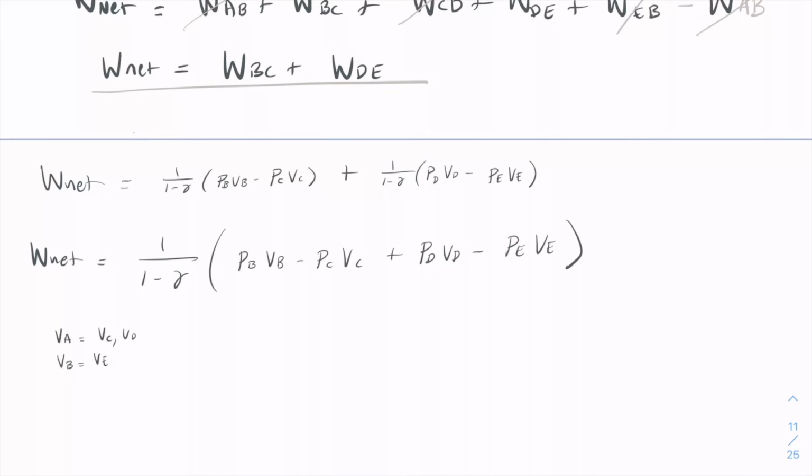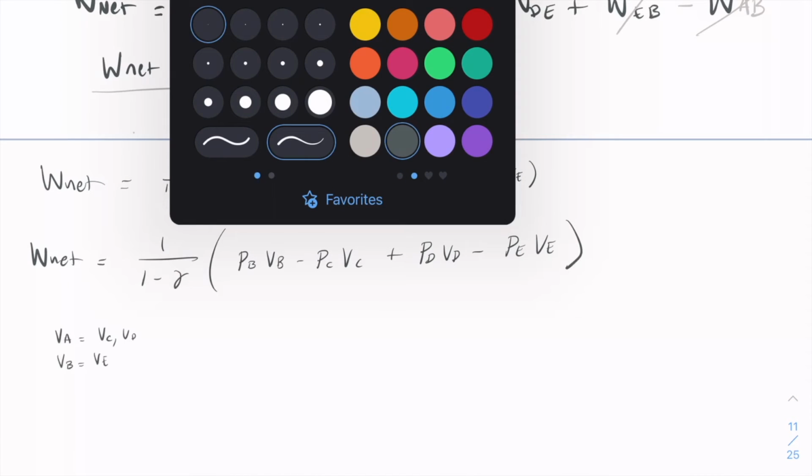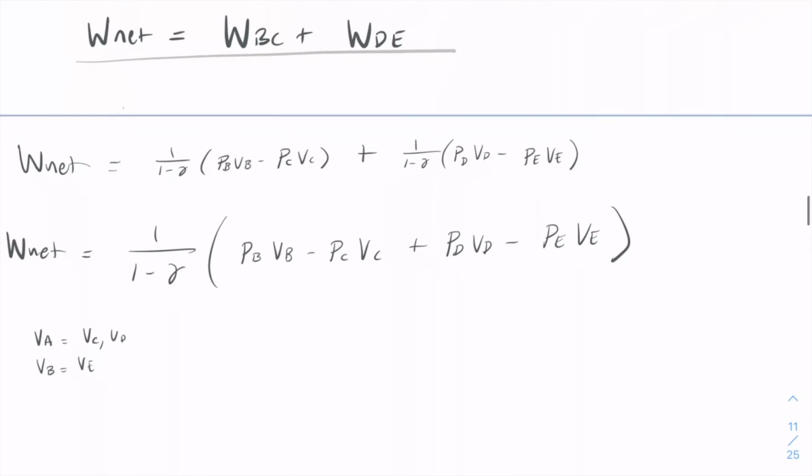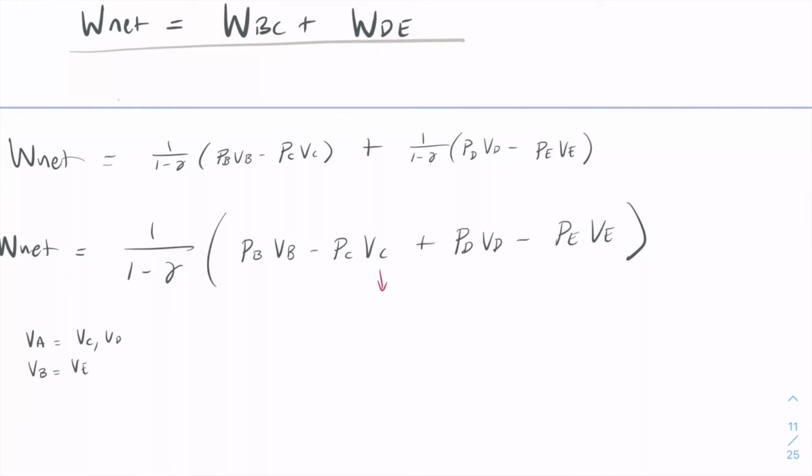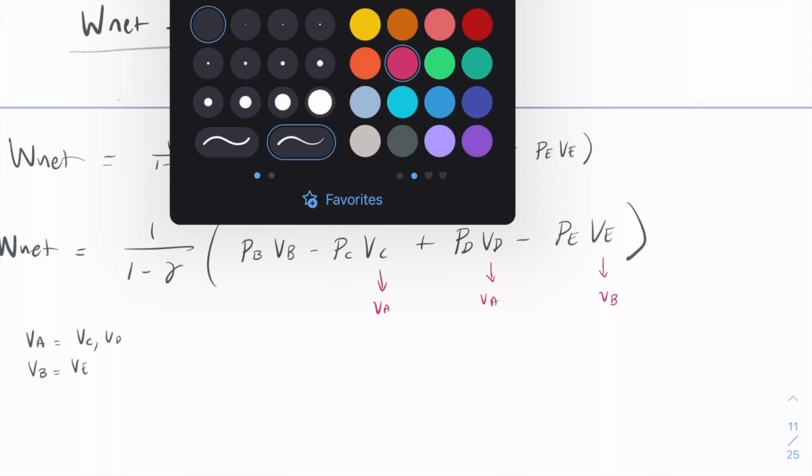So I can have, remember, pressure with all of these subscripts, that's fine, but I need to have everything in terms of V_A and V_B. So I'm going to swap out, so V_C is equal to V_A, and then V_D is going to be equal to V_A, and V_E is going to be equal to V_B. So I'm going to have to swap those.